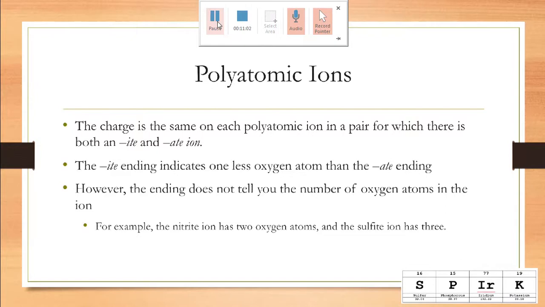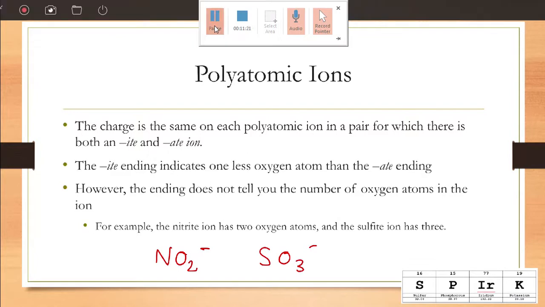For example, the nitrite ion, which we know as NO2-, and the sulfite ion, which is SO3 2-. So although these ion names both have the same ITE ending, that ending does not tell us how many oxygen atoms are present in the polyatomic ion.